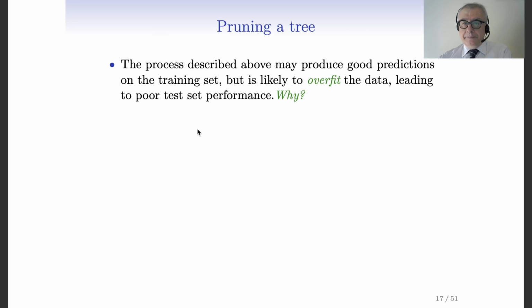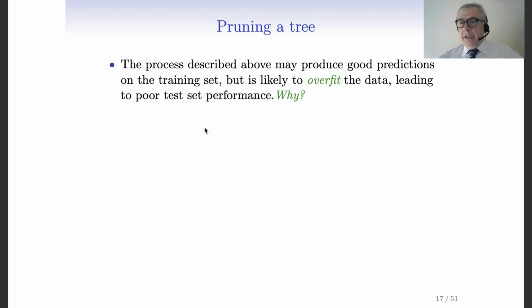Okay. There is an issue with the fact that, using the procedure that we have outlined, you are going to produce good predictions on the training set, but you are likely to overfit the data. So that in the end your performance on the test set will not be adequate.